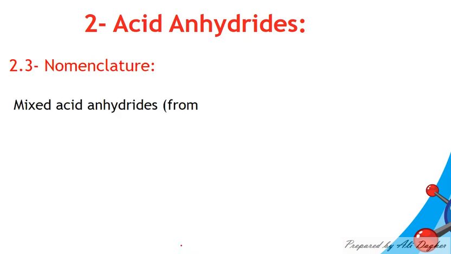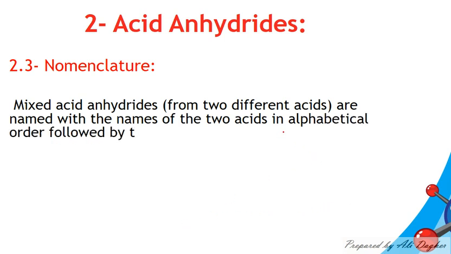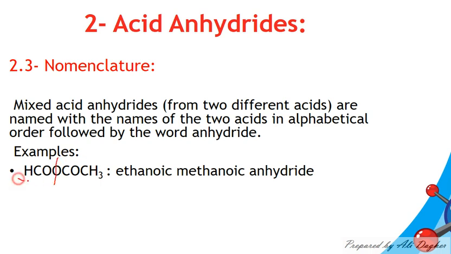Now, mixed acid anhydrides, which are formed of 2 different acids, are named with the names of the 2 acids in alphabetical order followed by the word anhydride. Example: this acid anhydride is formed of 2 different acids. The first is methanoic acid and the second is ethanoic acid.